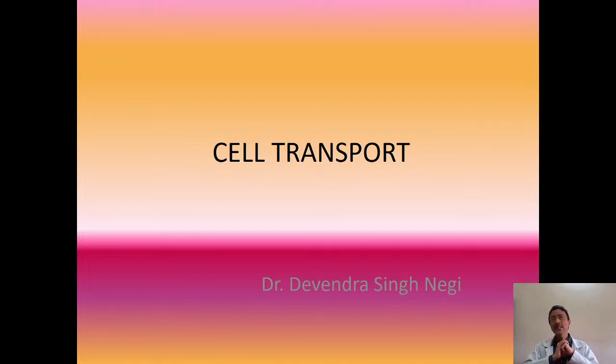There are substances which can pass through the cell membrane very easily. Then there are substances which require a little assistance to enter into the cell. But the membrane across the cell is continuous, and this continuity is an integral part of the function of the cell membrane.